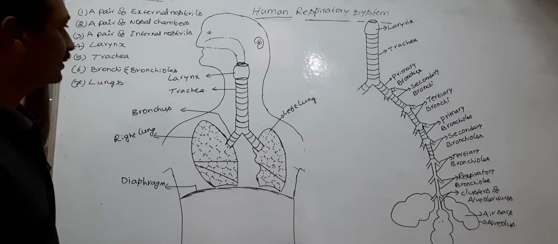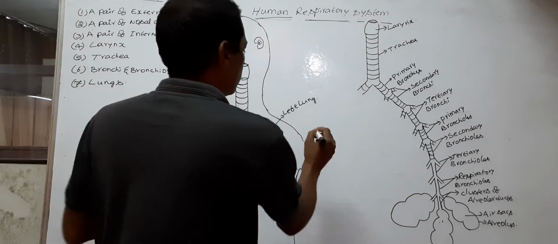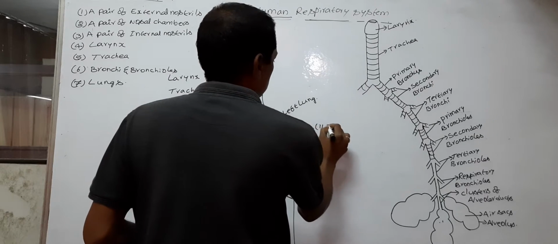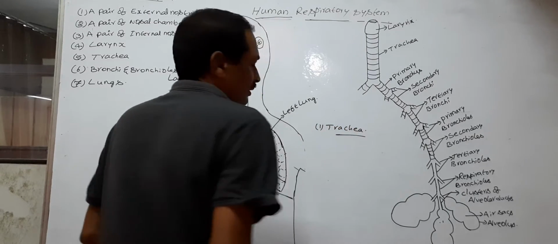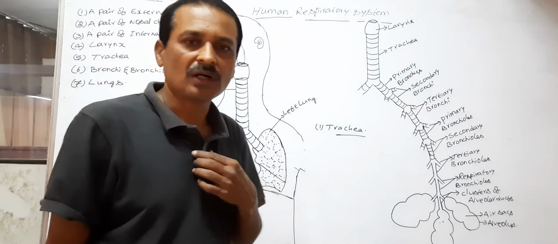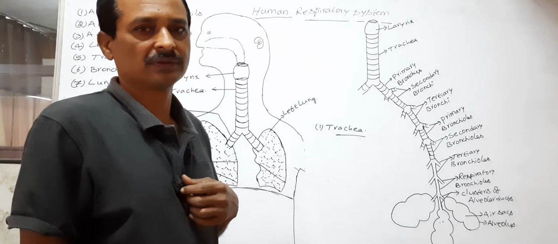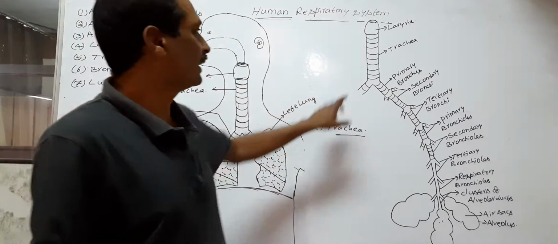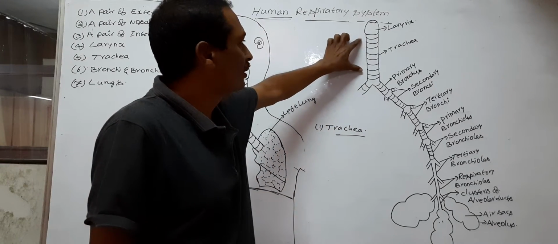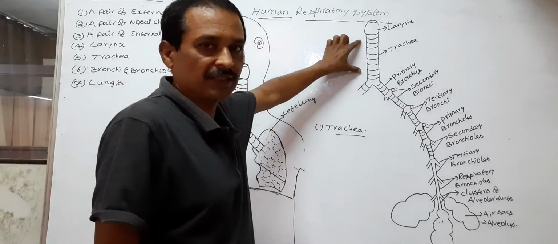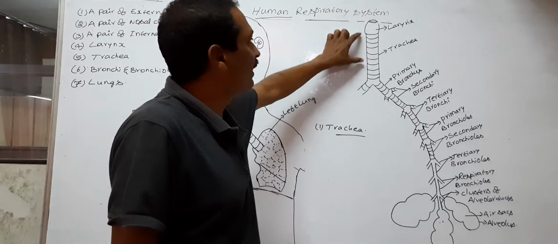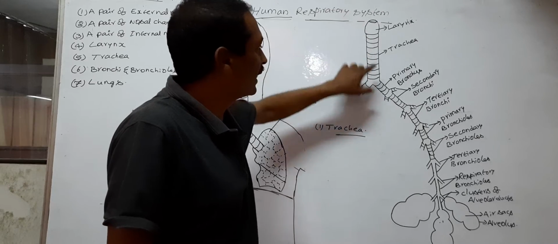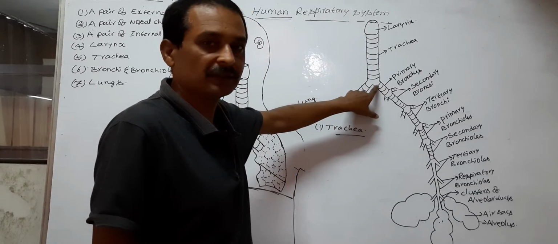Now, trachea. The trachea is also called windpipe. It is a long tube-like structure. It extends between larynx and bronchi.